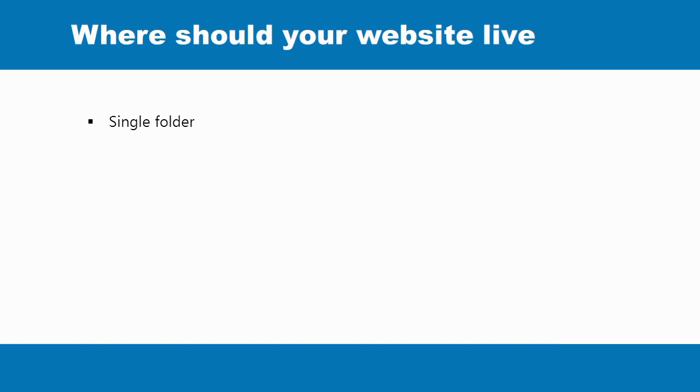This folder can live anywhere you like, but you should put it somewhere where you can easily find it. Maybe on your desktop, in your home folder, or at the root of your hard drive. You can also create subfolders to store images, media files, and so on.